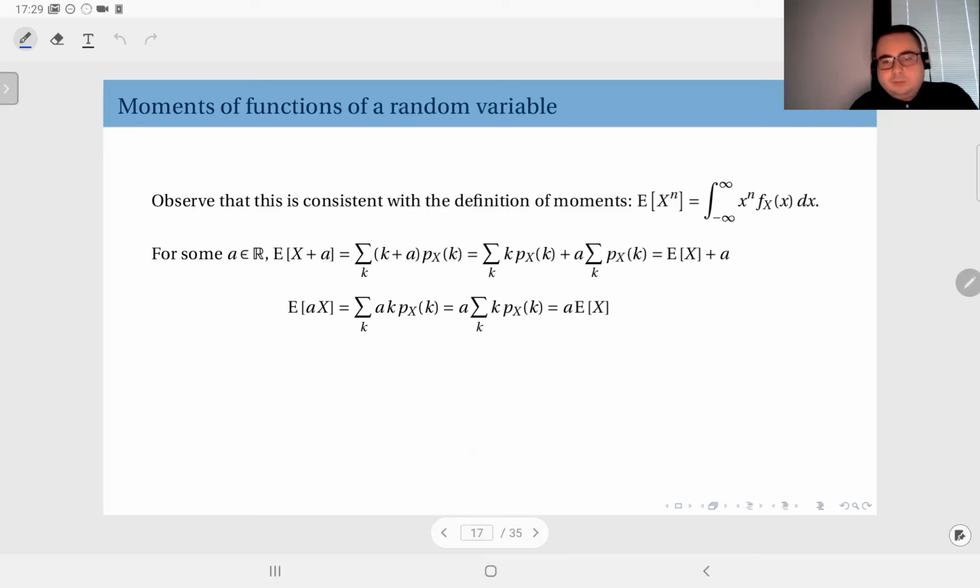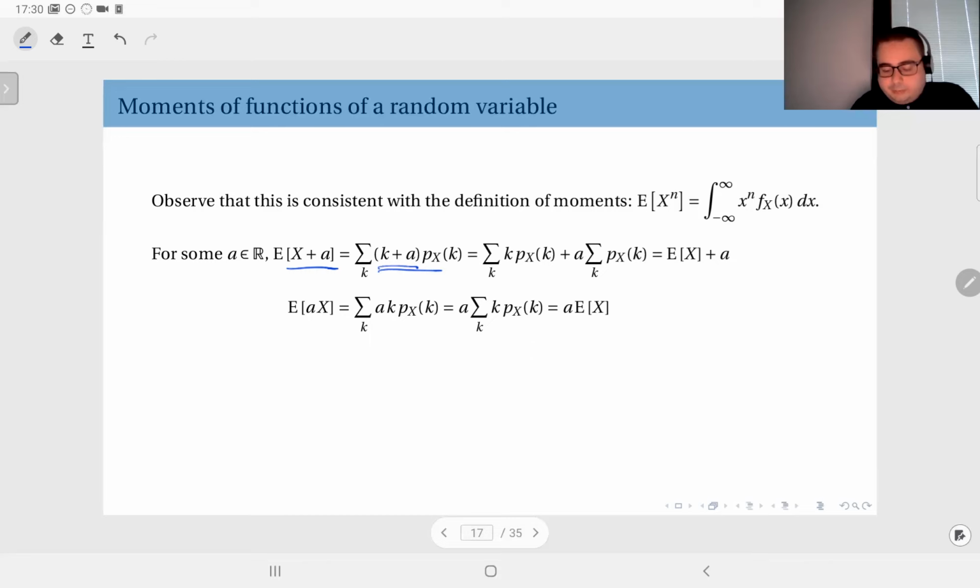and based on this observation, we can derive the linearity properties of the expected value. For some real number a, you get the expected value of X plus a. Instead of X plus a in the computation of the expectation here, you just apply the function to every index k. So you get k plus a here.